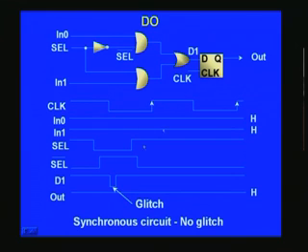For instance, in this particular case it will be registered only here, and we make sure that all these unwanted signals such as this glitch occur prior to this positive rising edge. Then you will be safe and not register the glitch, but only register the steady state output here, and prior to this you would have registered this here, provided that is the logic that you have, and this is possible only if you have a synchronous circuit.